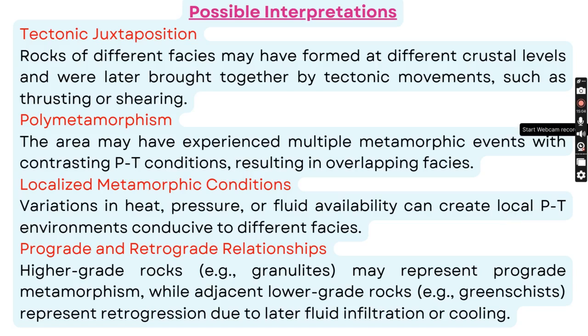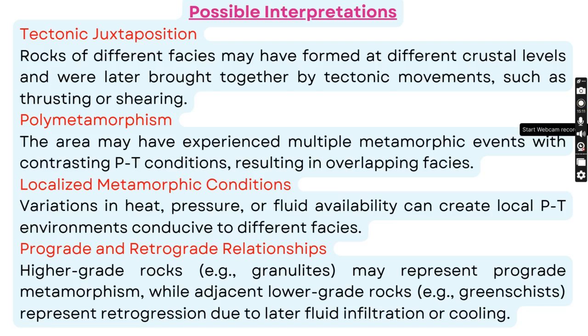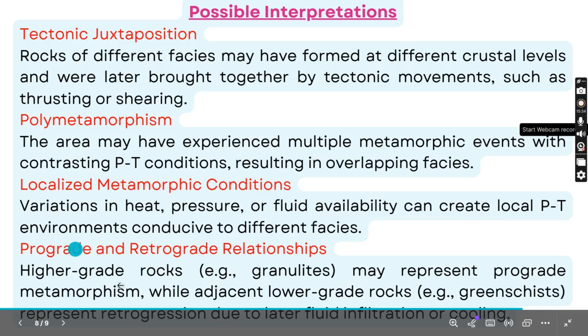But the likelihood of getting these things is very low, because if that lower grade graphitic rock underwent higher grade metamorphism, then how, again on returning back, is graphite not available in granulite phases? It would have been present in both in that case. So we can easily cut out this possibility.